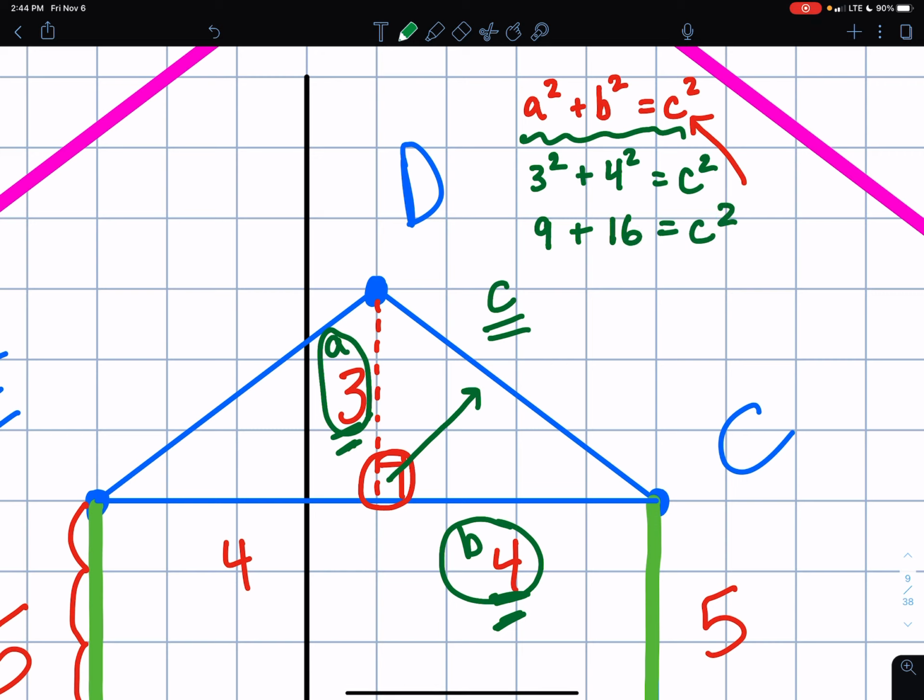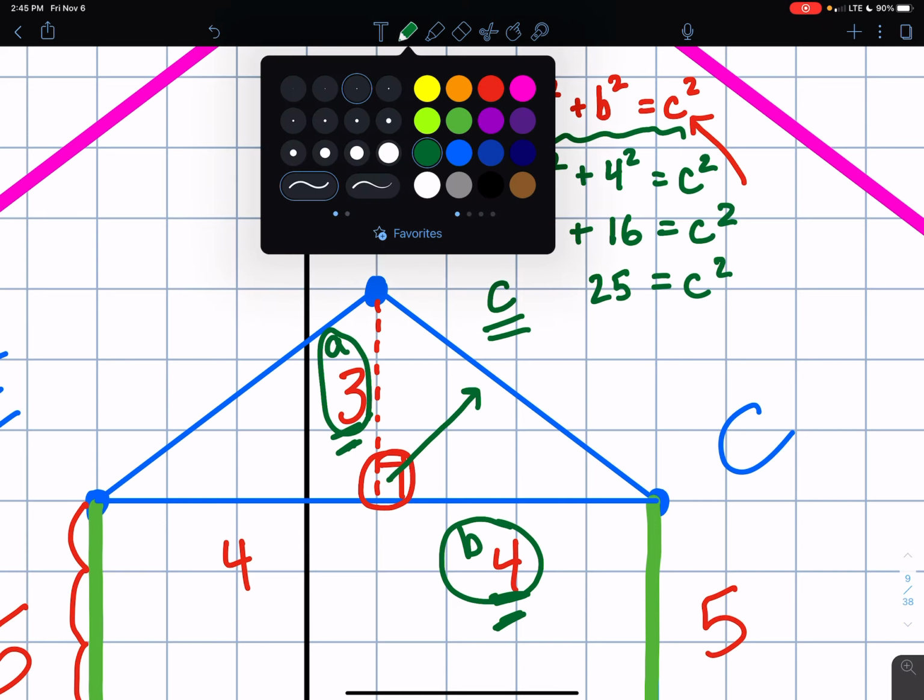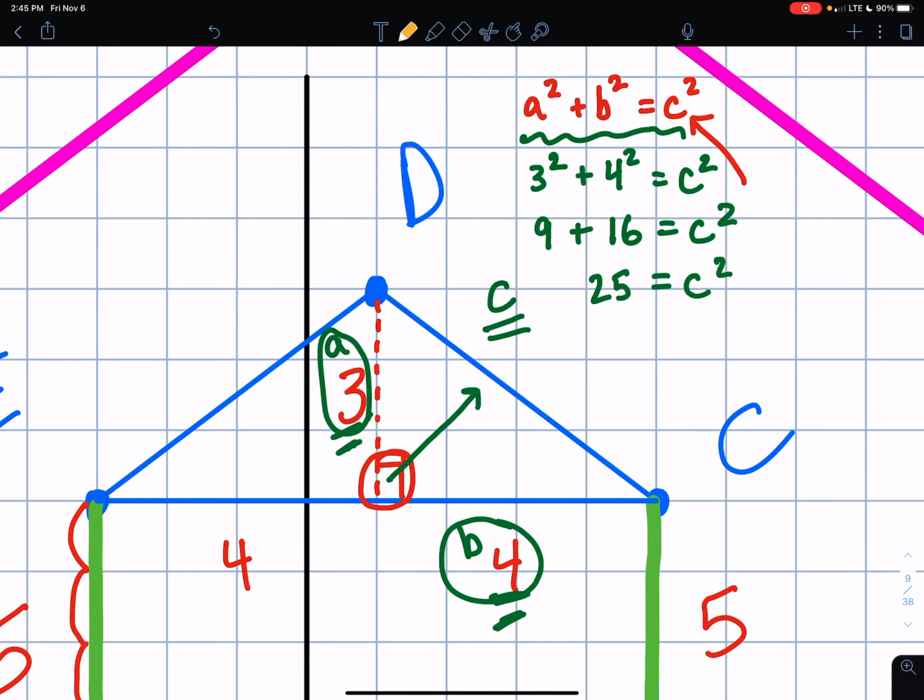Now we'll add 9 and 16 together. 9 plus 16 is 25, so 25 equals C squared. The last step, every single time you do a Pythagorean theorem problem, is that we do not want C squared. We want to solve for C. To undo a squared thing, we square root both sides.